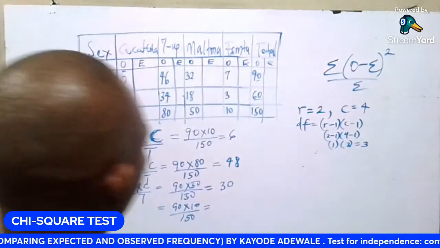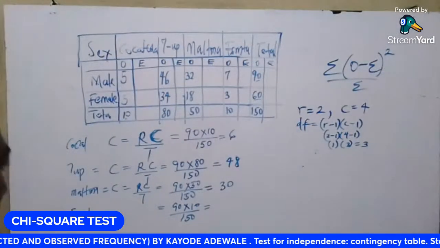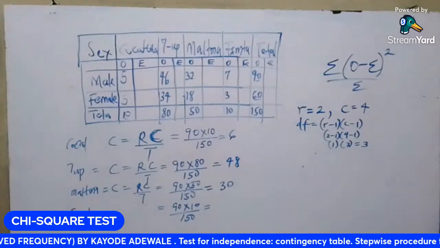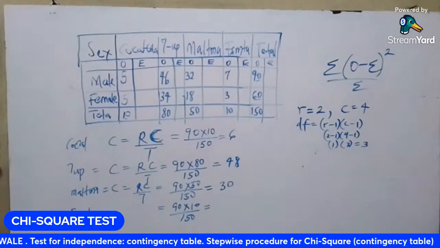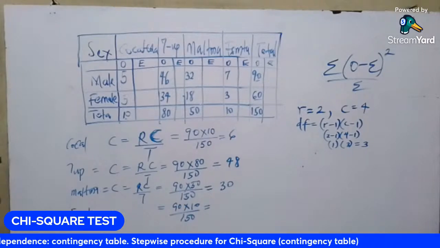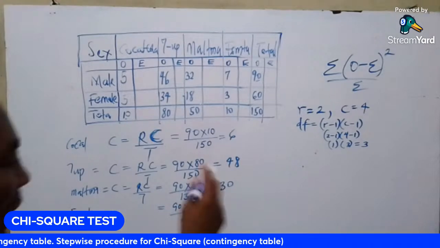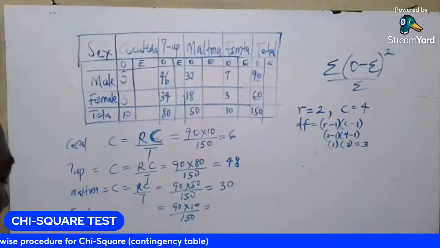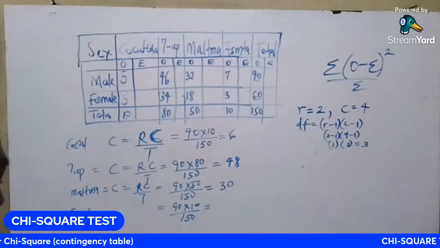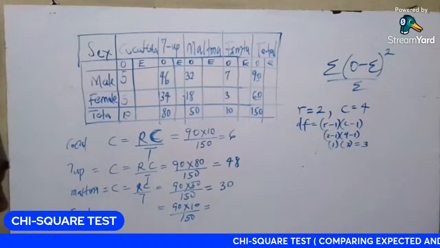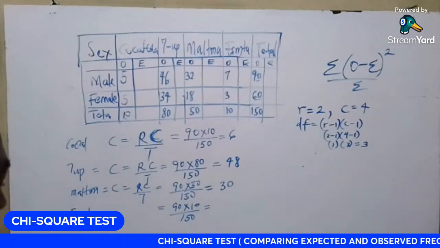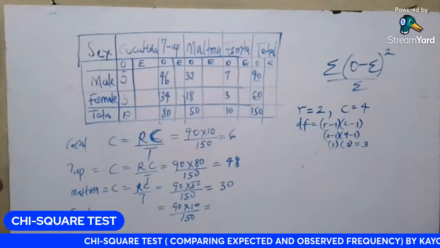So we want to look at the expected value now. Like I said, 90 multiplied by 10 will give us 900. 900 divided by 150 will give me 6. You can see that 90 multiplied by 80 will give me 7,200, divided by 150, so that will give me 48.